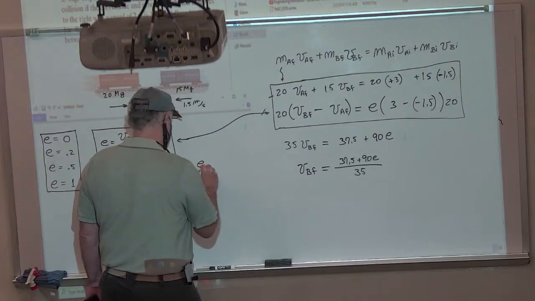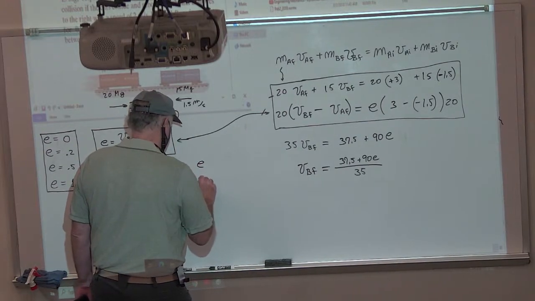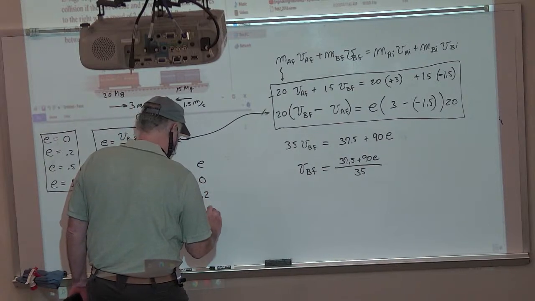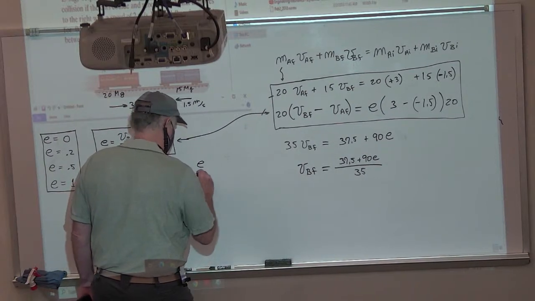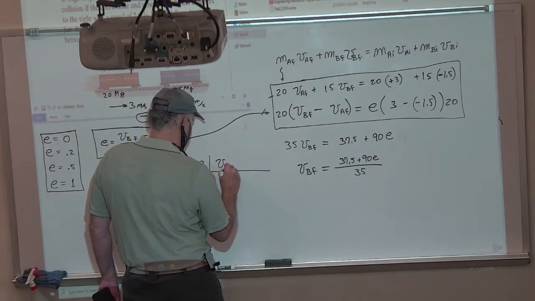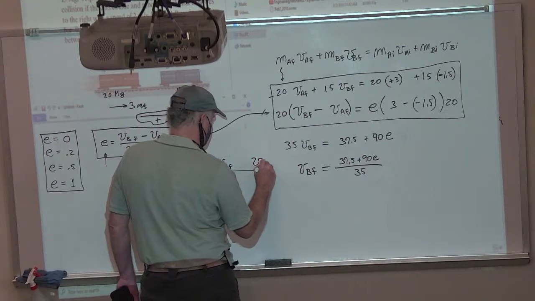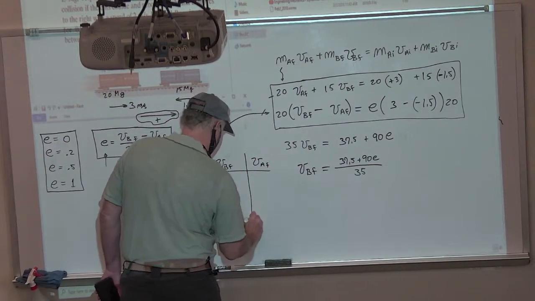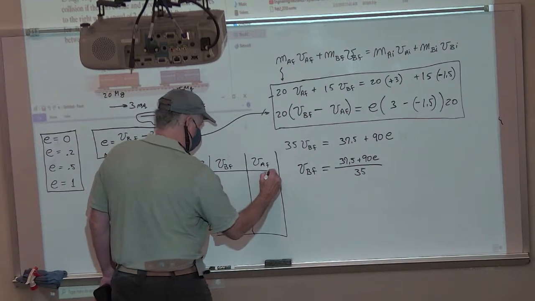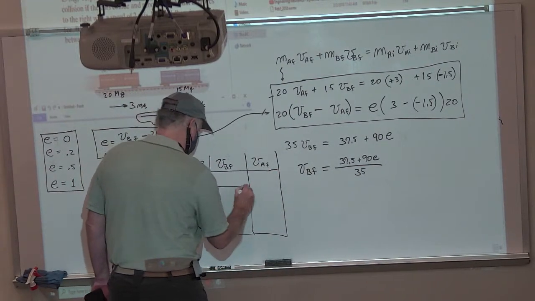I'm going to say E is 0. I had 0.2, 0.5, and 1. And let's watch what happens here. VB final and VA final. Then you may see something that is very interesting here. Let's start with 0.